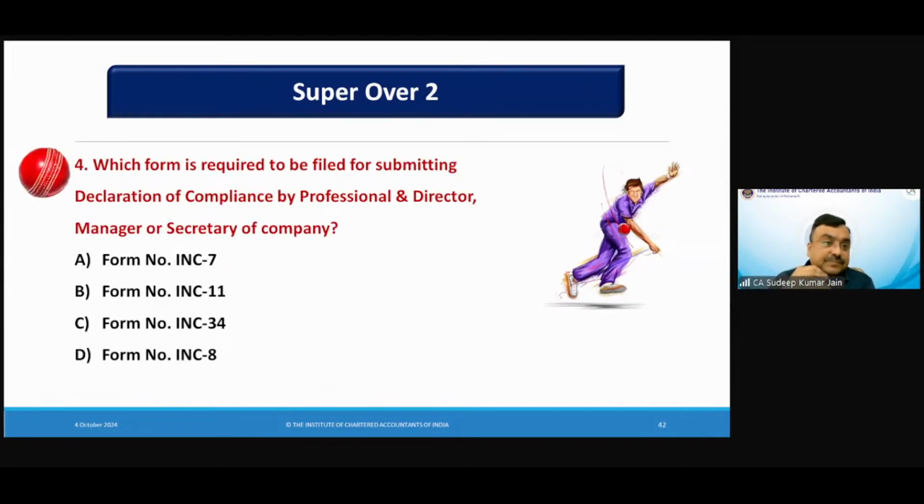Fourth question: which form is required to be filed for submitting the declaration of compliance by the professional and director, manager or secretary of the company: INC 7, 11, 34 or 8.